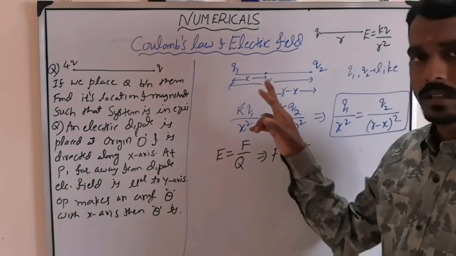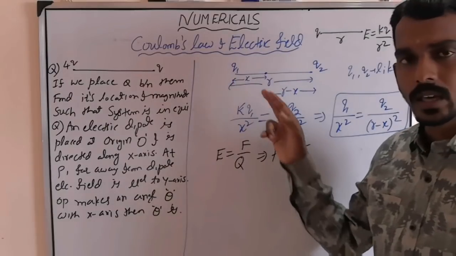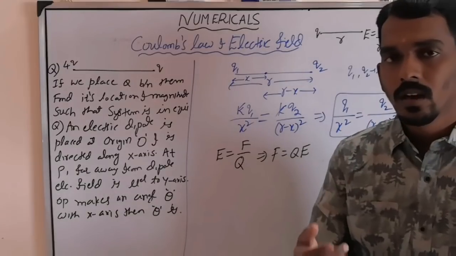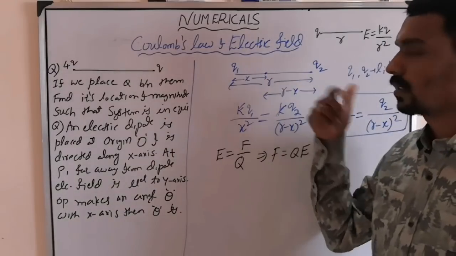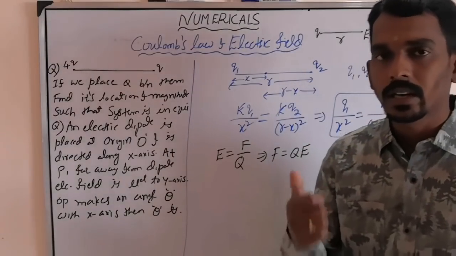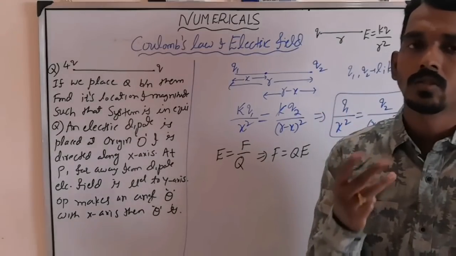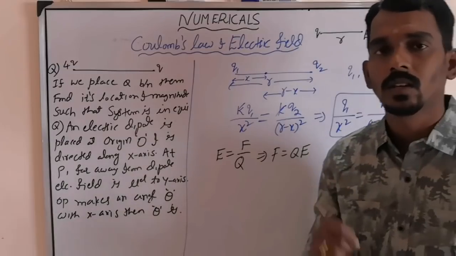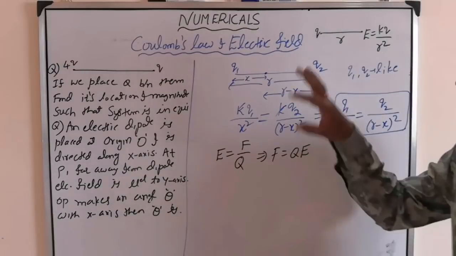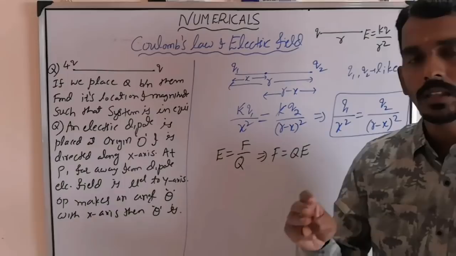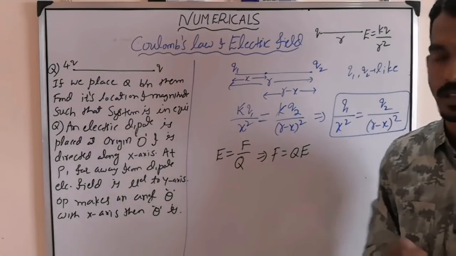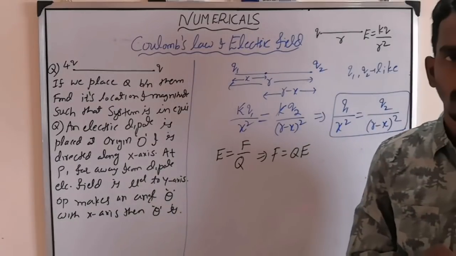Either they will ask between two charges where the electric field will become 0, or what the null point is for this system, or where the third charge should be placed so that it experiences 0 electrostatic force. In all three cases, you have to use this formula.